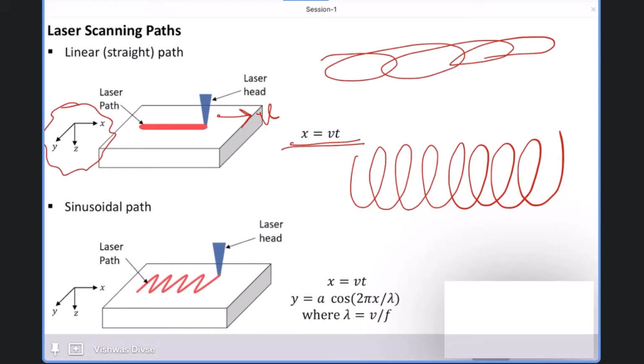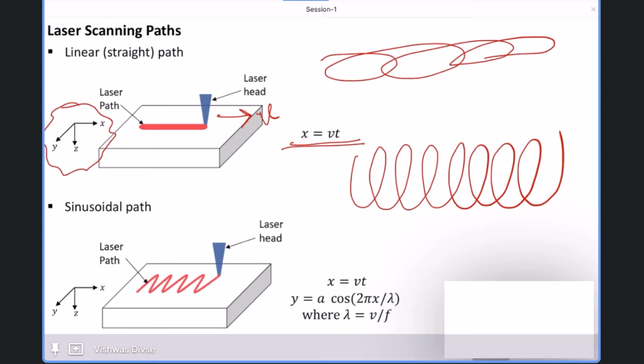So only the x coordinate will update according to velocity, and t is showing time. So after 1 second, what will be the x coordinate? That depends on the velocity and time. This is very simple 10th standard physics: we can calculate distance by multiplying velocity into time.